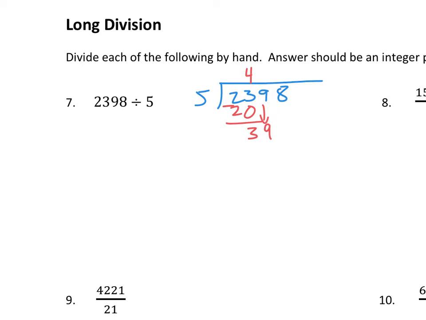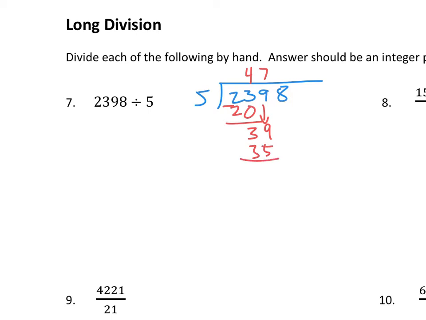Now we have 39. How many times does 5 fit into 39? Well, 5 does not multiply perfectly into 39. Okay, but we can get there 7 times. 7 times 5 is 35. So we're going to multiply 7 times 5, and we write the result down under here.